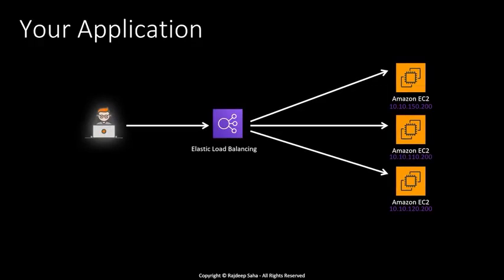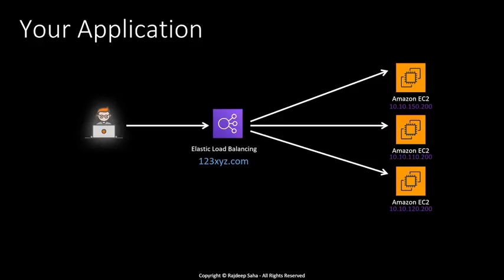Elastic load balancing automatically distributes incoming application traffic across multiple targets, such as Amazon EC2 instances, containers, IP addresses, etc. And each elastic load balancer will have a unique DNS name so that your user can invoke this application using this DNS URL.